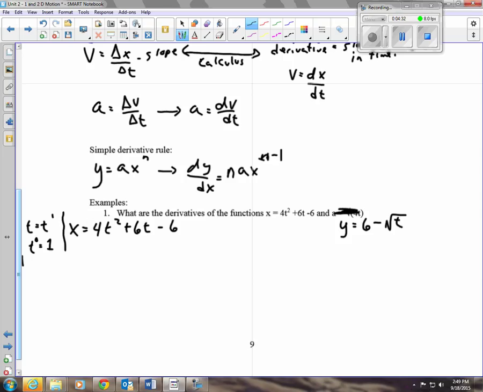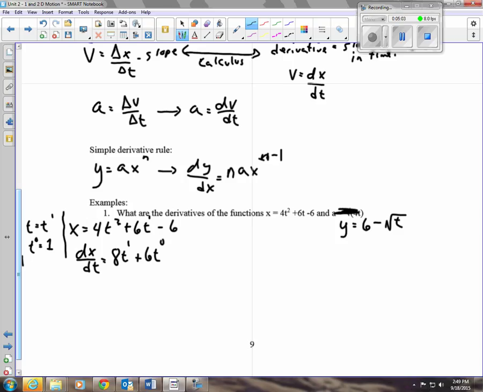Now, my dx by dt is I'm going to take the power over here, the 2, and multiply it out front. 2 times 4 is 8. So I get 8 with t, and then I subtract 1 from the 2, and I get 1. Plus, remember this t is t to the first, so 1 times 6 is 6 t, and I subtract 1, that's t to the 0.